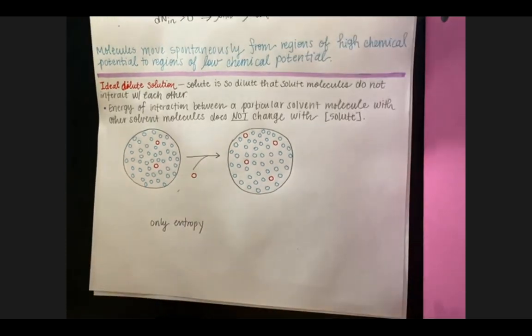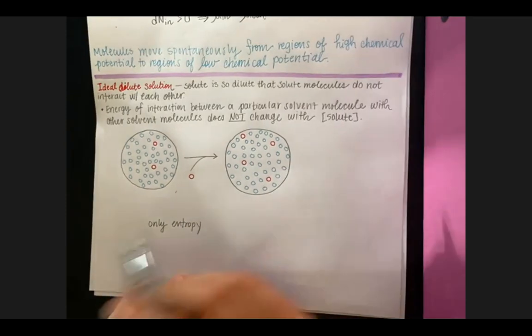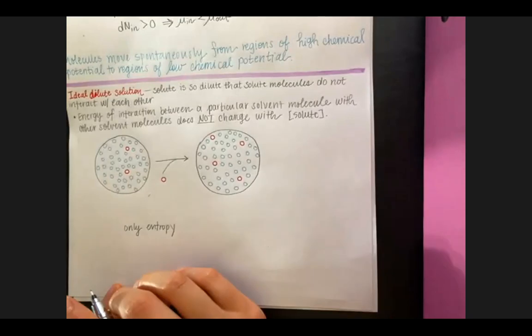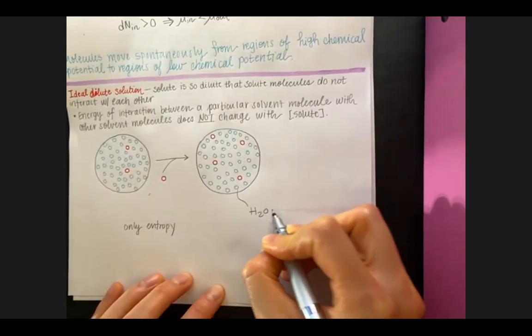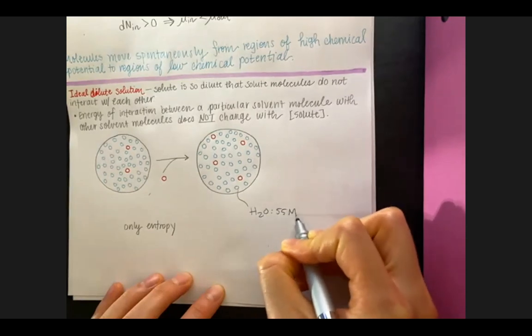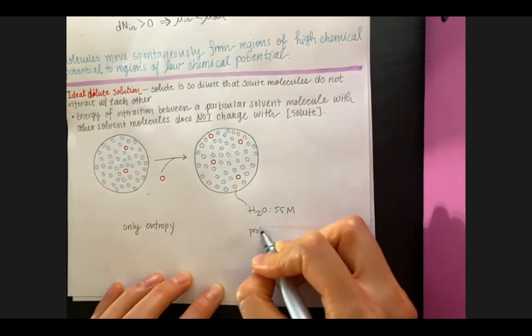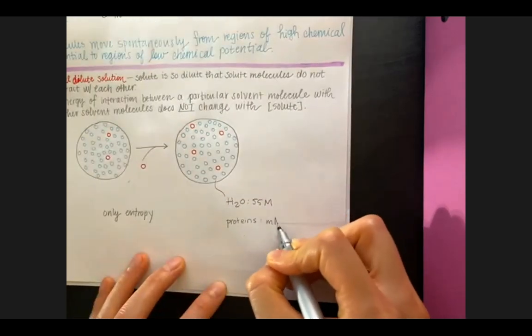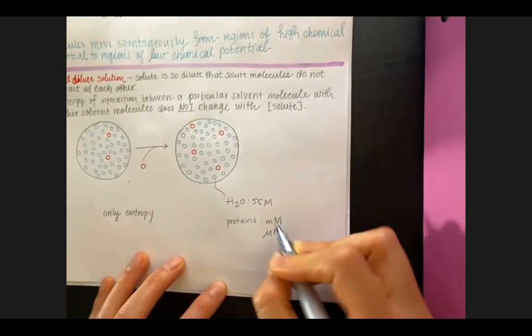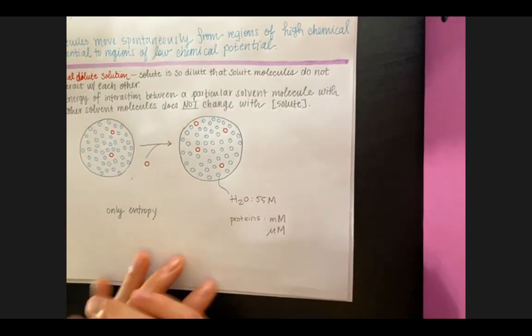And we'll see how this applies later. For an example, at physiological conditions, your solvent will be water, and that'll be 55 molar, and your proteins or other things floating in your cells will be millimolar or micromolar. So this is a good approximation.